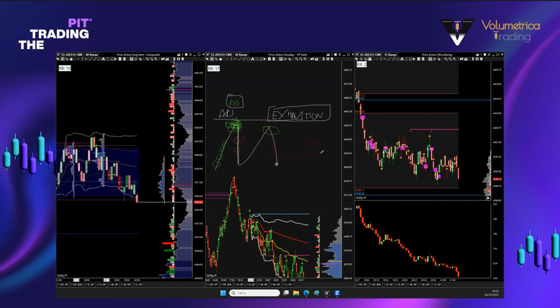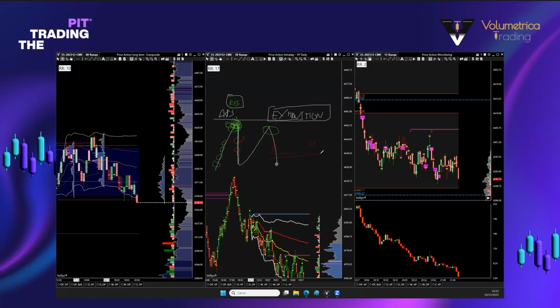Now, in the next webinar, we're going to look at these order flow events on the footprint chart, because we can spot absorption and exhaustion by cumulative delta. That's a very good tool to look at those dynamics.